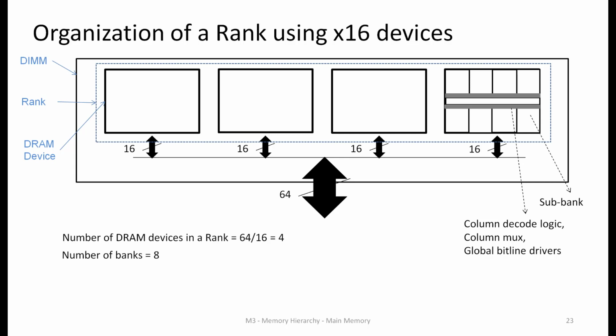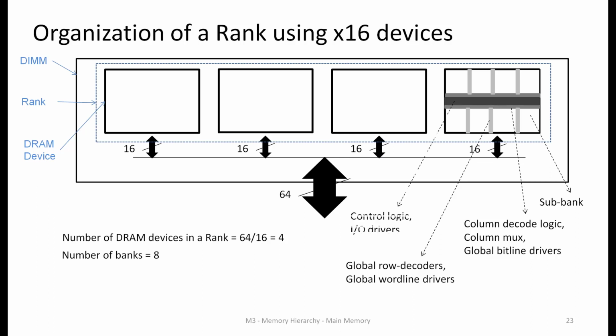Typically it would be the column decode logic, column mux, and the global bitline drivers, and on the y-axis each of these sub banks will have its own row decoders, global level and global word line decoders, and some common area is there in the chip which has the control logic and all the IO drivers which eventually drive the 16 bits of data from the sub bank to the periphery of the DIMM.